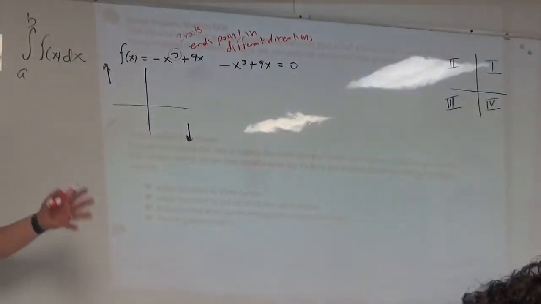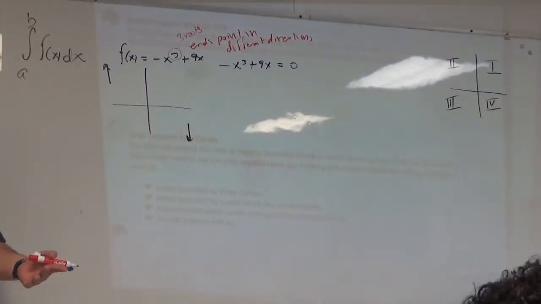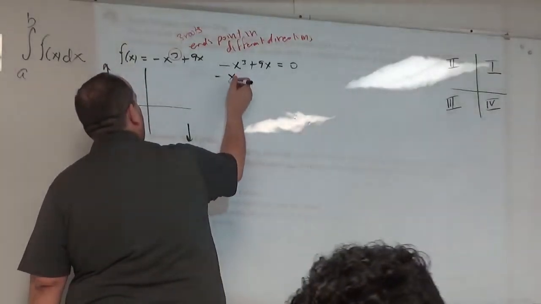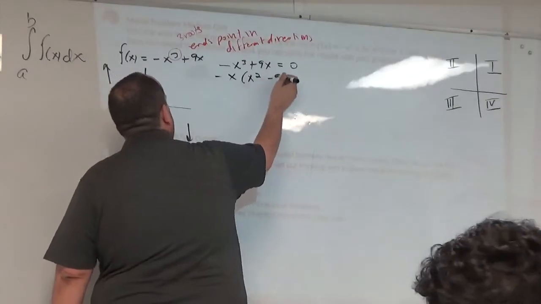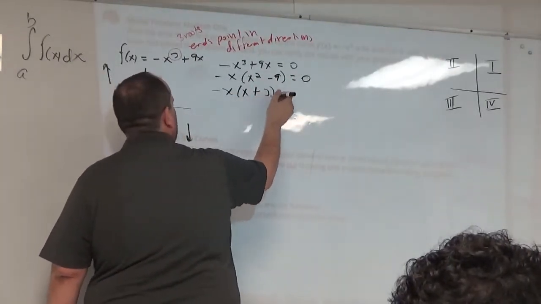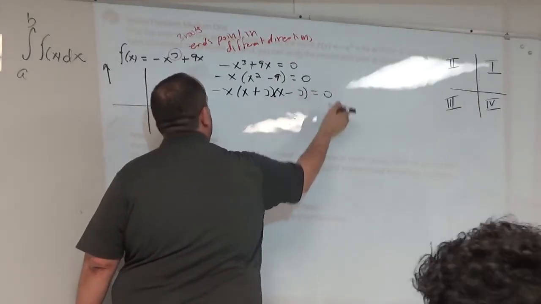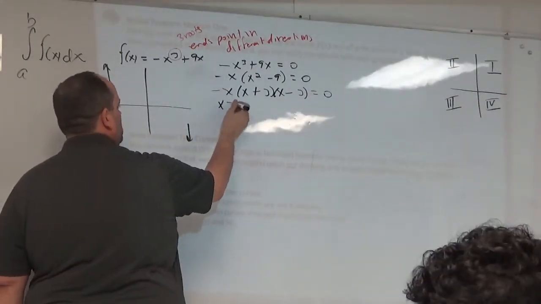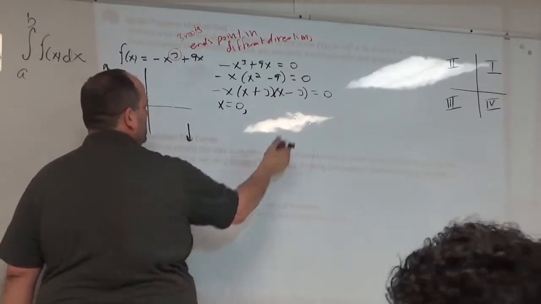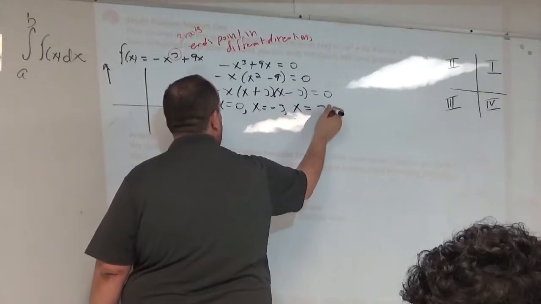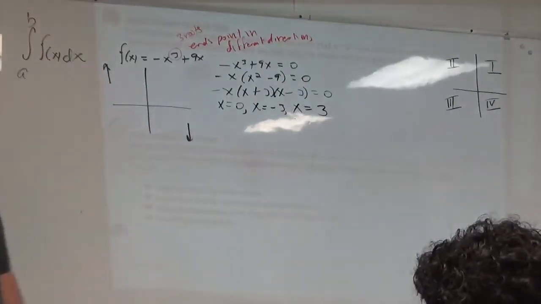Then we let the pre-calculus and algebra 2 skills come out to play. I might factor out the negative x, which leaves me x squared minus 9. X squared minus 9 is really x plus 3 times x minus 3. Where are my roots? X equals 0, x equals negative 3, and x equals 3.